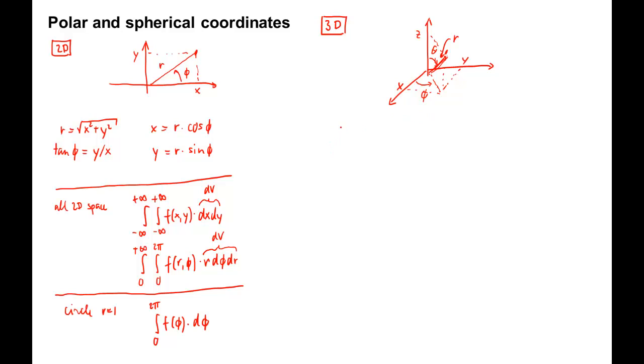To transform rectangular to spherical coordinates, use r equals the square root of x squared plus y squared plus z squared. Then the cosine of theta equals z divided by r, and the tangent of phi equals y divided by x.